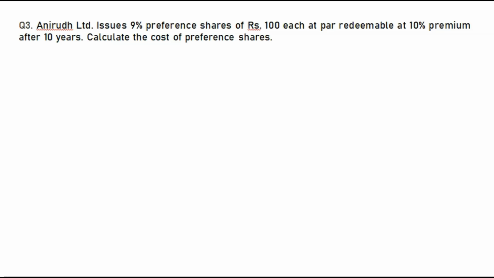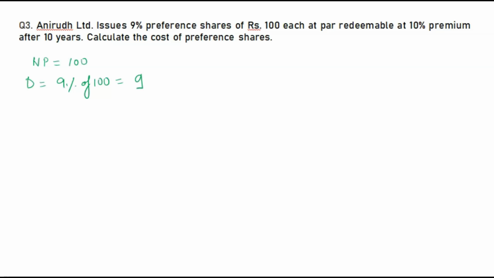Here, the question is given. Anirudh Limited issues 9% preference shares of rupees 100 each. Here also, net proceeds 100 is given. And 9% preference shares means dividend is 9% of 100. Here also the number of shares is not given, so we'll take everything on this 100 only. So 9 is the dividend.